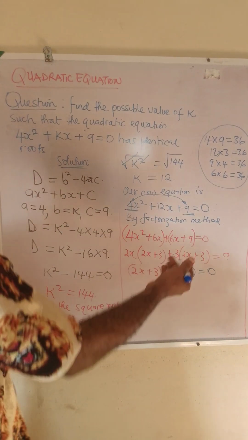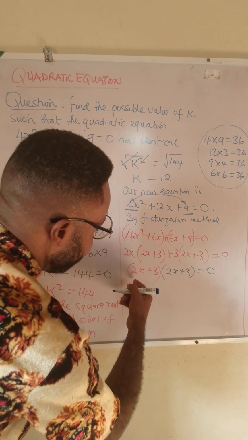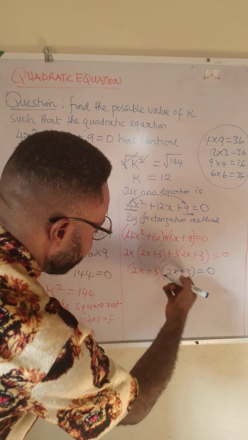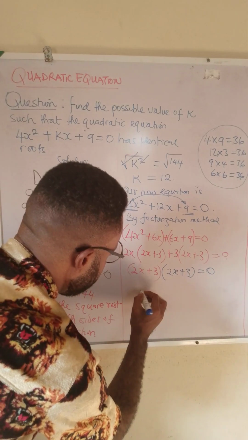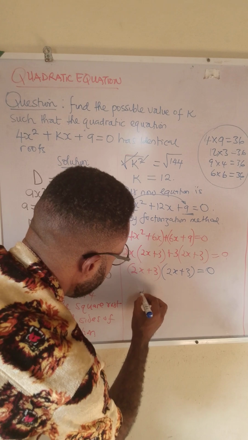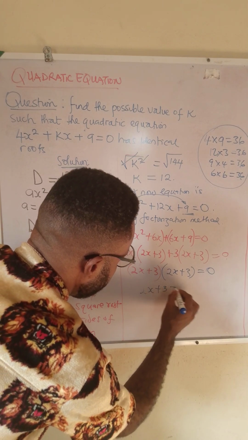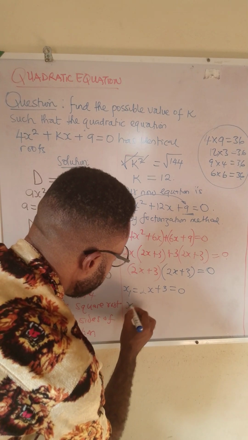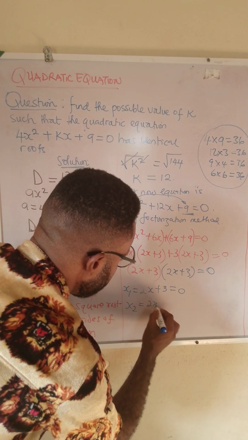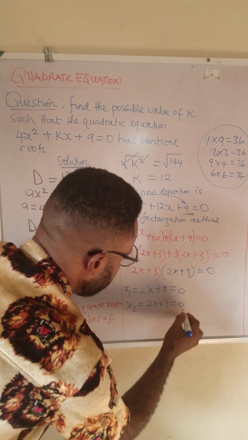What this equation implies is that 2x plus 3 equal to 0 for the first value of x, x1, and 2x plus 3 equal to 0 for the second value of x, x2.